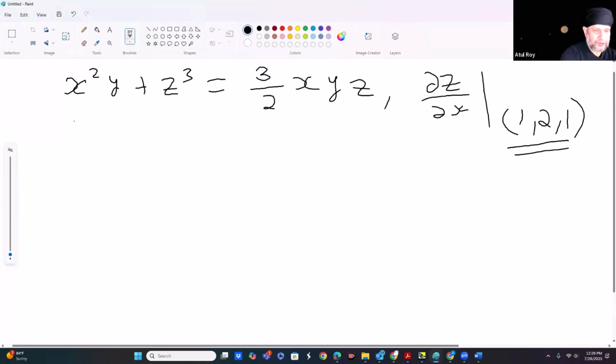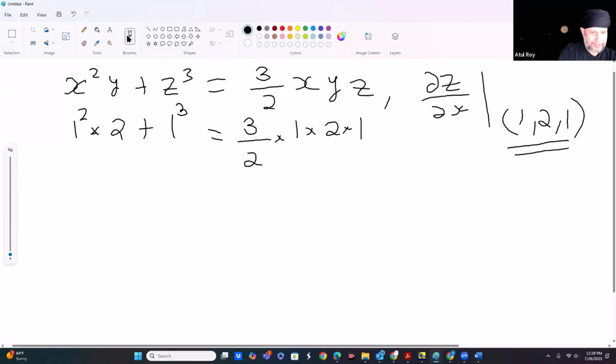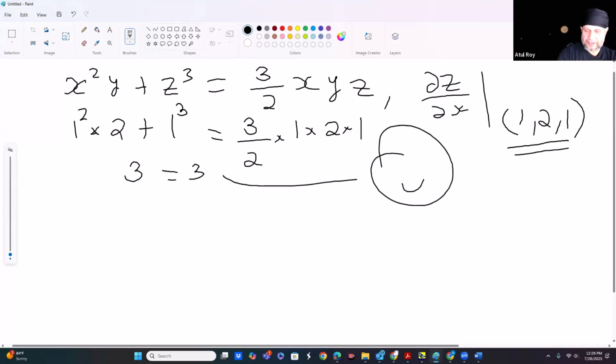So if I substitute, 1 squared times 2 plus 1 cubed equals 3 over 2 times 1 times 2 times 1. Did I do it right? So this is 2 plus 1 is 3, 3 over 2 times 2 is 3. So that means the point does live here. As I said, this is optional, but it's good to do.